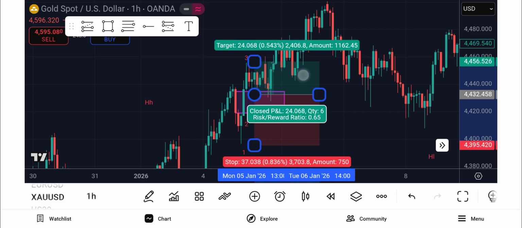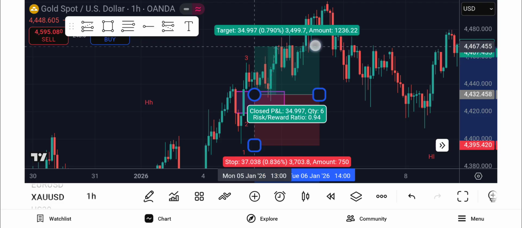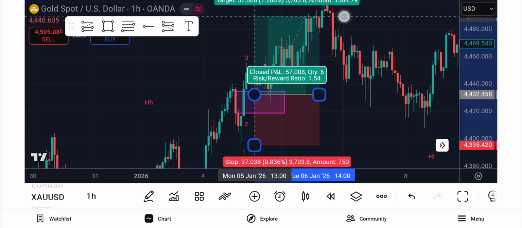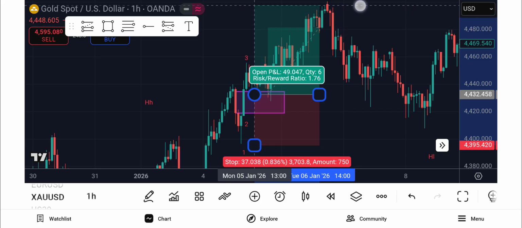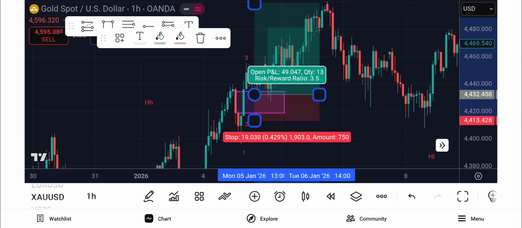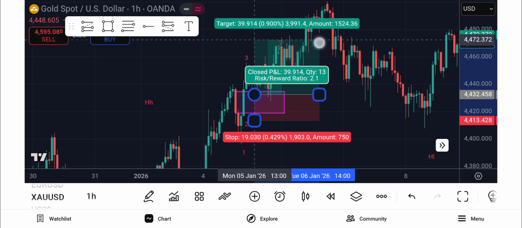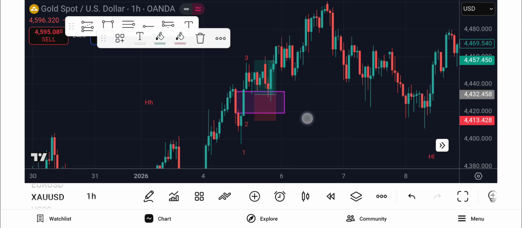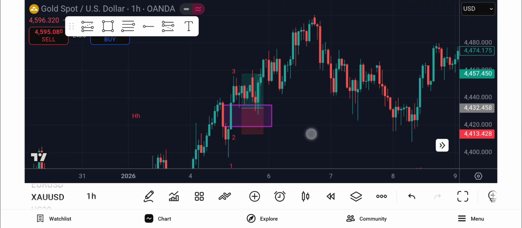But if you wanted to, you could have a 1 to 1 or 1 to 2. Just to be safe, this could be a 1 to 3. It was like that every time. You could have entered here. That's how you identify a fair value gap.